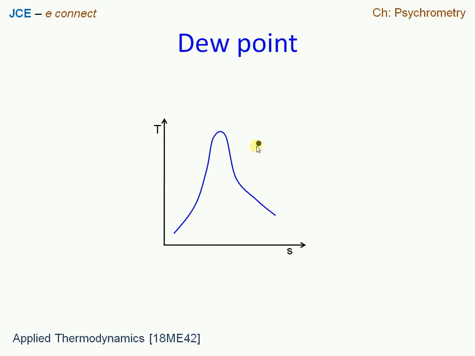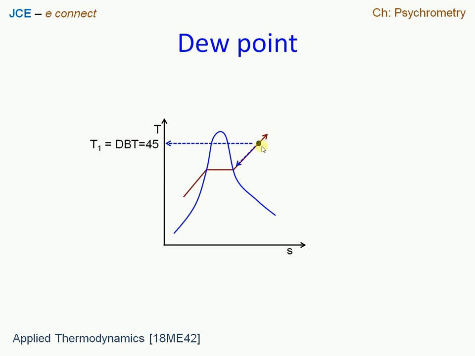It has some temperature, let's say 45 degrees Celsius, measured by the dry bulb thermometer. Therefore this is the dry bulb temperature, and the vapor inside the moisture is at some partial pressure PV.